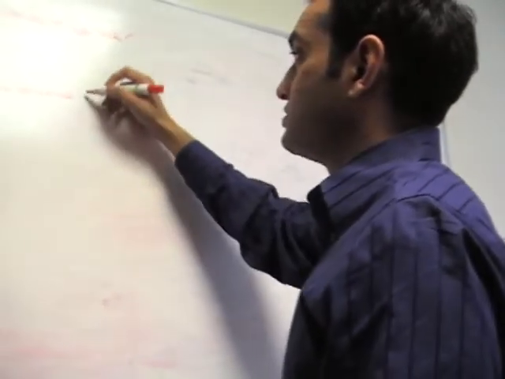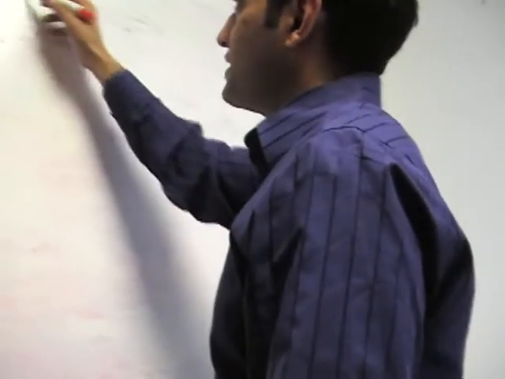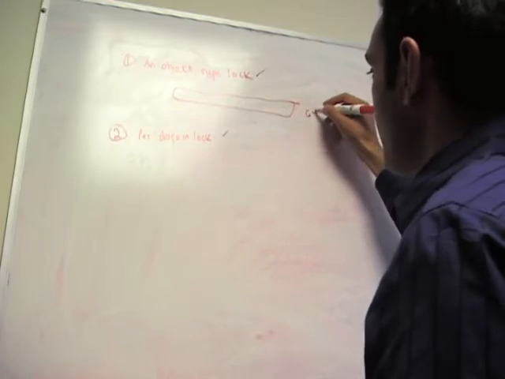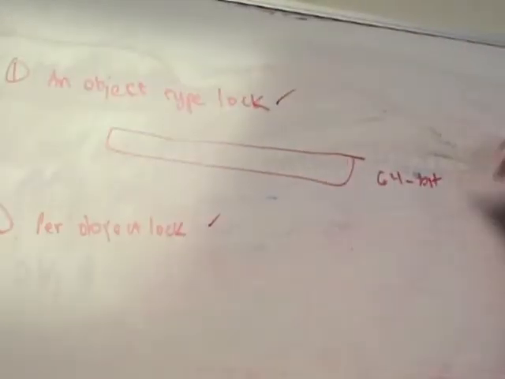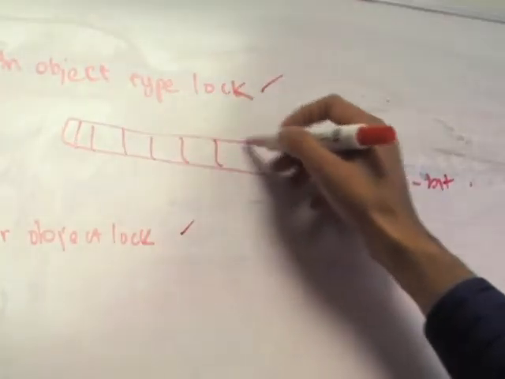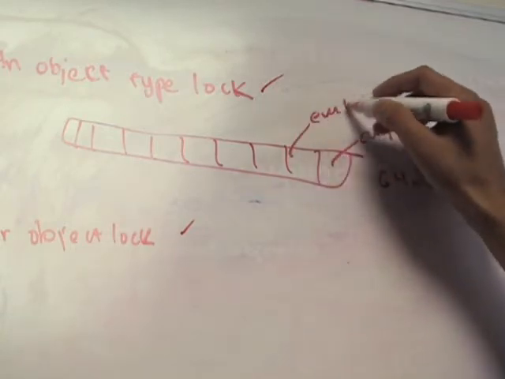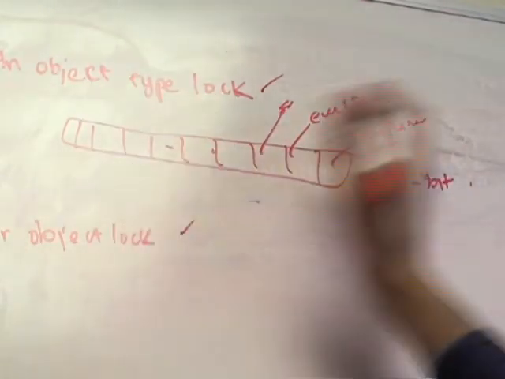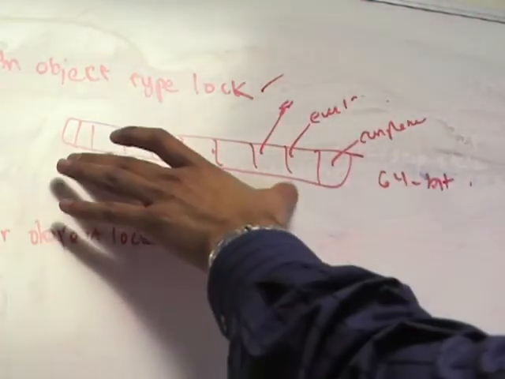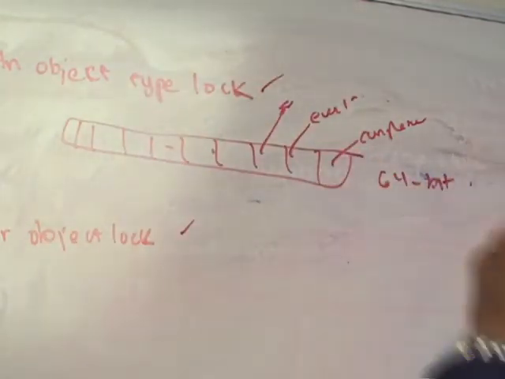So there's two solutions you could do to break up the dispatcher's use for protecting objects. One is an object type lock, and by this I mean, let's take a 64-bit quantity, like a word, and say each bit represents a type: completion port, event, semaphore, so on, right? We don't have 64 types, but let's say we assigned a specific bit to each type of object.